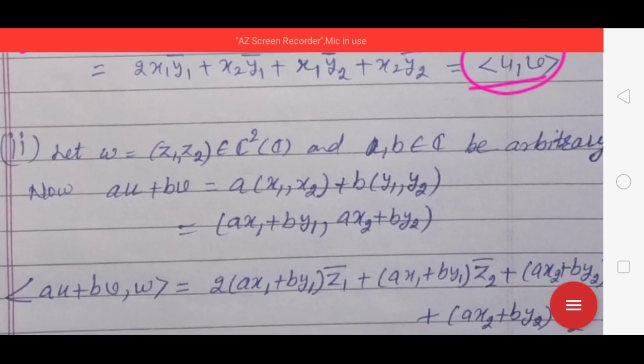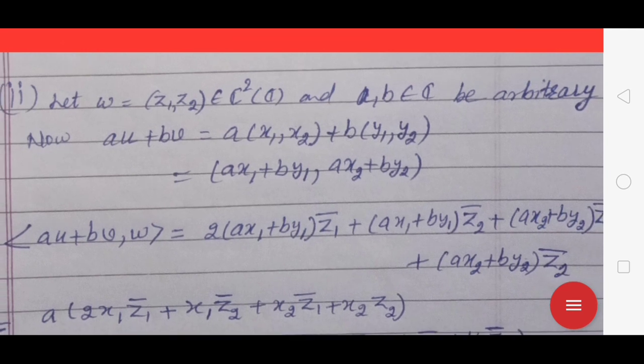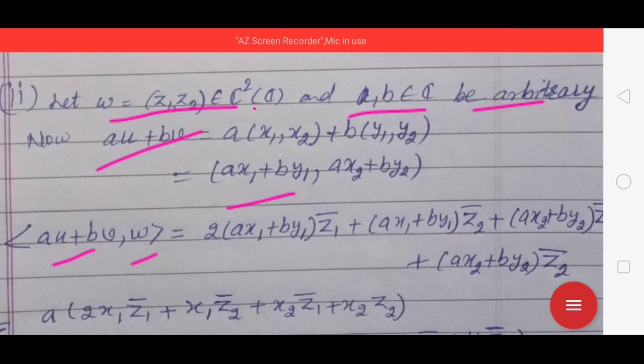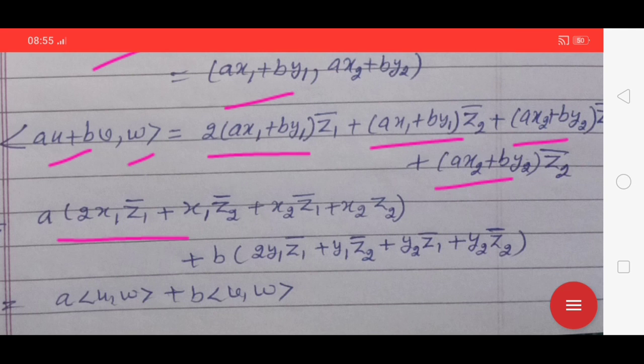Now the second property we have to prove is the linear property. So let us take w belonging to C square and a, b belonging to C, arbitrary elements. Then au plus bv is again an element of C square. So taking (au plus bv, w) by the definition of the function and solving this, you will get this and this.